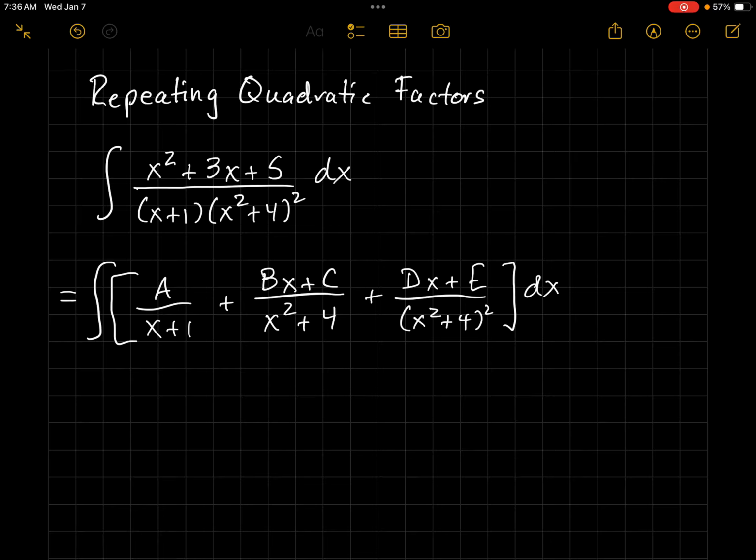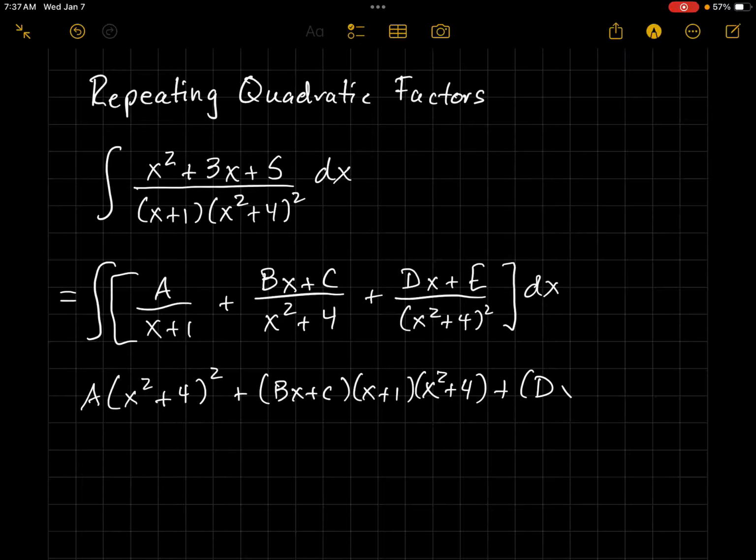Finding a common denominator, that is just imagining I'm looking at the numerator of something with a common denominator. I would have a times, let's see, x squared plus 4 squared, because that's what the a piece is missing. And then the bx plus c is missing an x plus 1 and one of the x squared plus 4s.